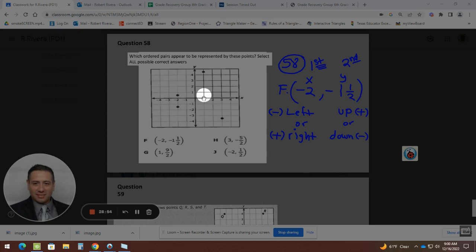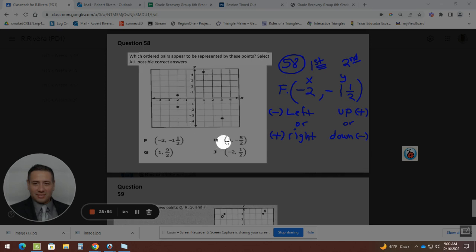Very good, Carolina, she quickly knew that 9/2 is an improper fraction. So now that I know it's 4.5, up or down? Up. How much? 1, 2, 3, 4, and 0.5 is in the middle. Did I hit the point? Yes. So that would be choice B or G.